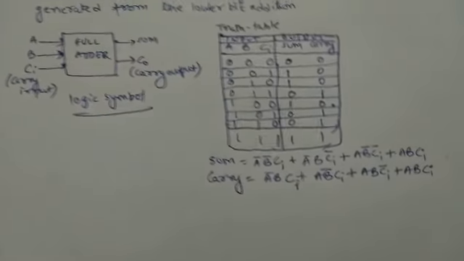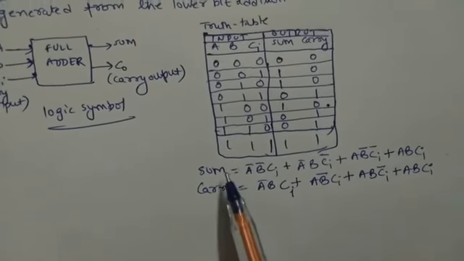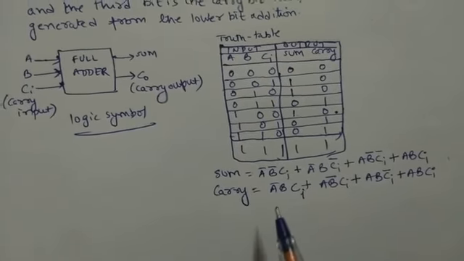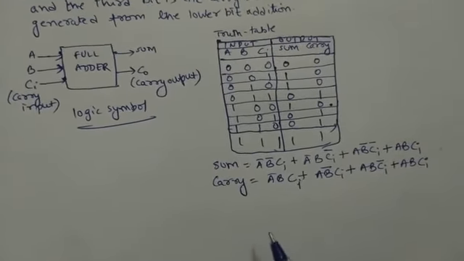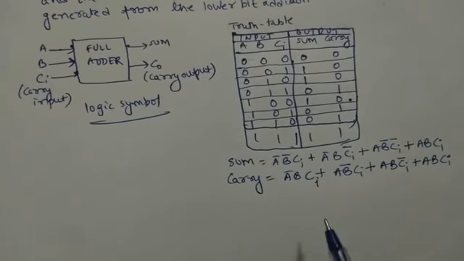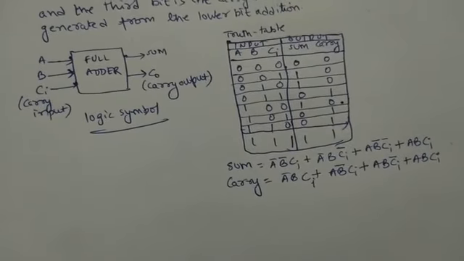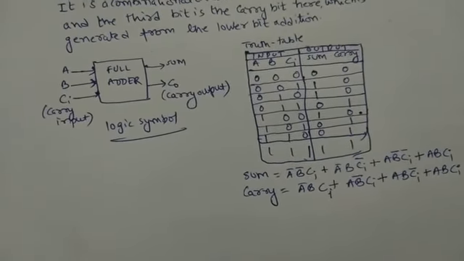Now there is an interesting and important point here. You can see the equation corresponding to the sum cannot be further simplified, whereas the equation corresponding to the carry can be further simplified either by using the laws of Boolean algebra, or by using Karnaugh mapping.